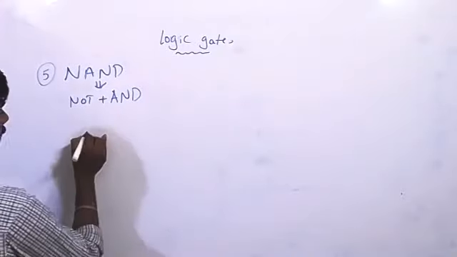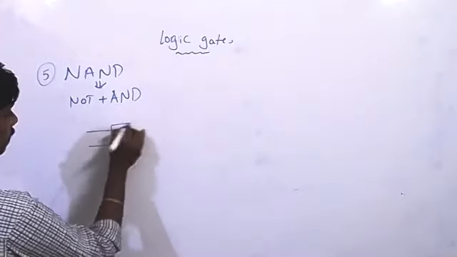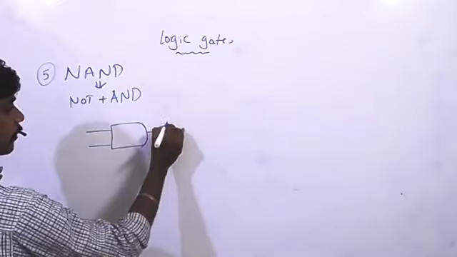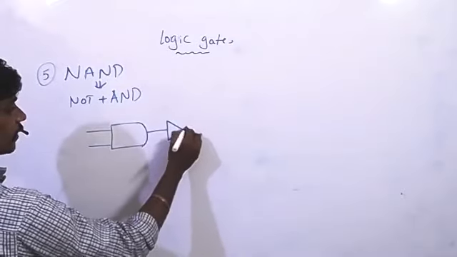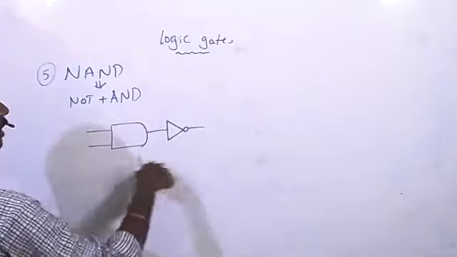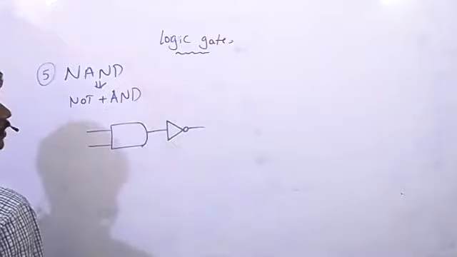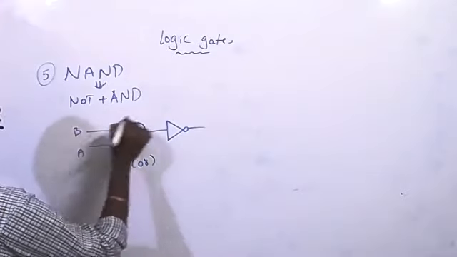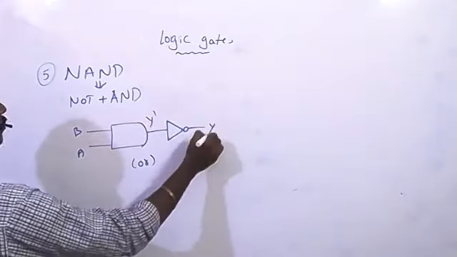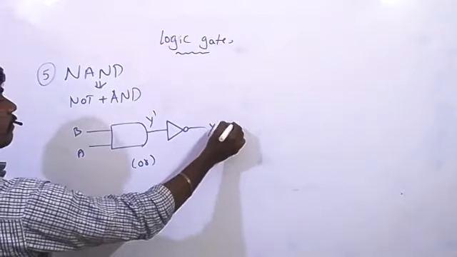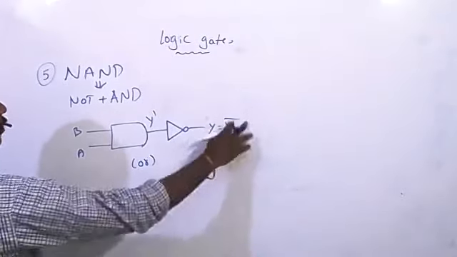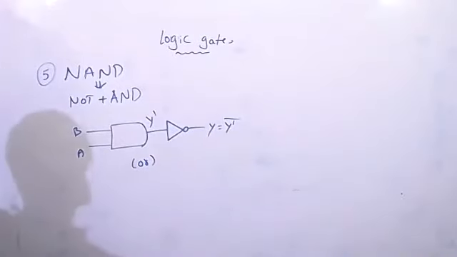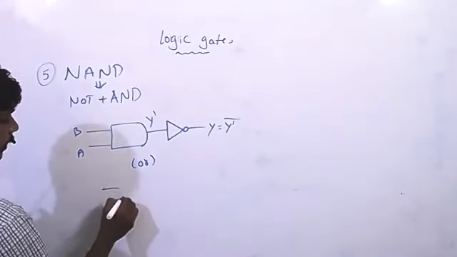Take the AND gate, we know the AND gate symbol, and that result you give to the NOT gate. Then this total is nothing but the NAND gate. Or we can also write A, B, Y dash, Y. This result will be Y bar. Whatever result you are getting, you will get the opposite of that. So this is the simple diagram for the NAND gate.